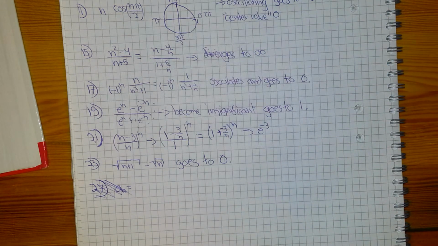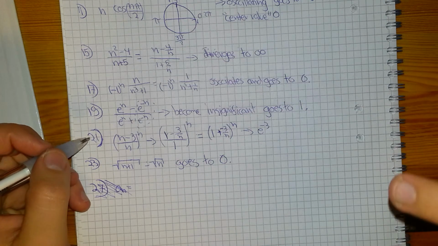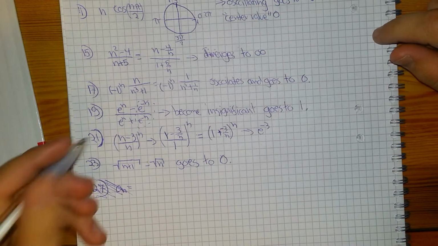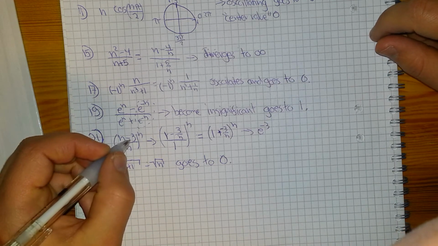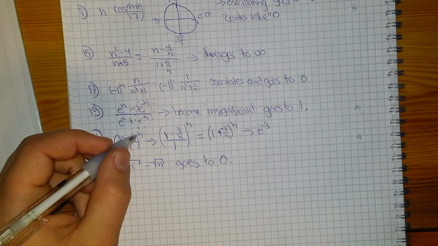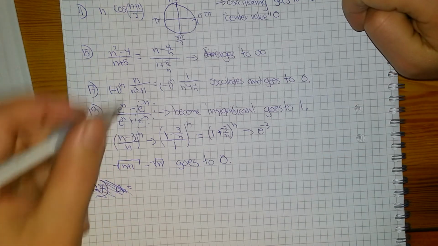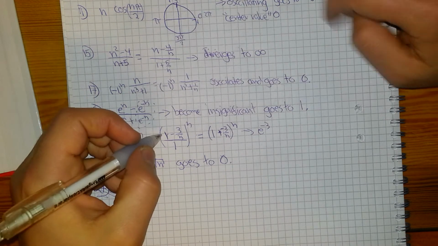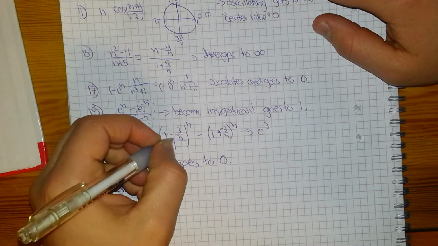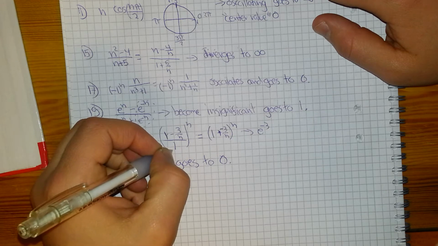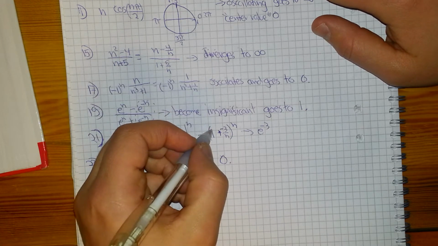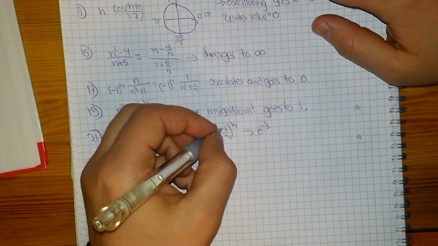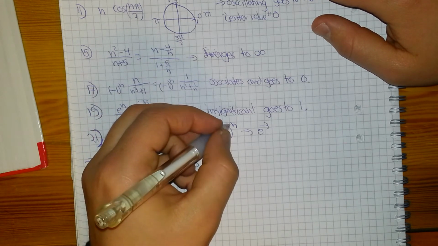And if you look at this one, it is kind of interesting. As a matter of fact, we have n minus 3 over n, all to the power of n. So what I do is the same thing as before. I divide the numerator and the denominator by n, where you get 1 minus 3 over n over 1. You can simplify it as 1 plus minus 3 over n to the power of n.